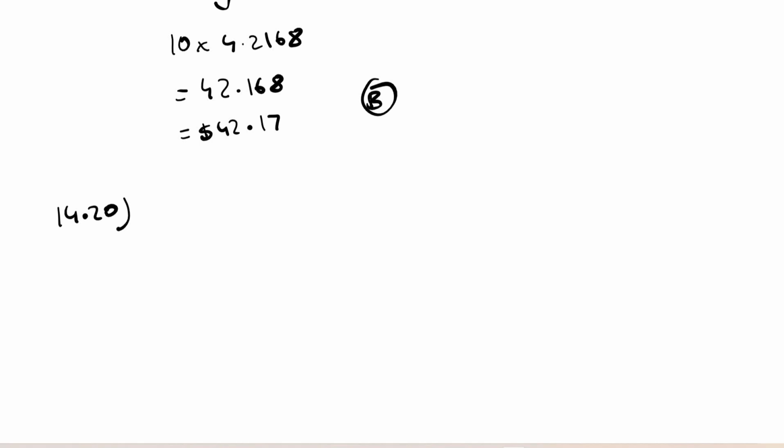Okay, so this is where the questions get a lot harder, actually. So, in a household of four people, each member uses hot water for an average of 13 minutes.